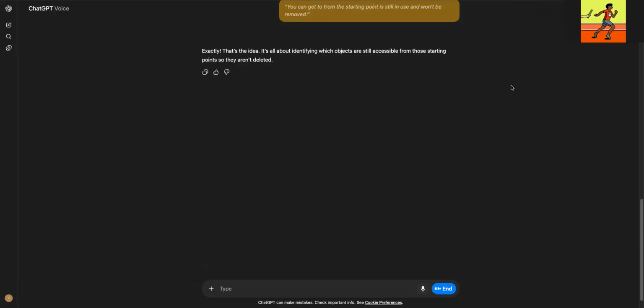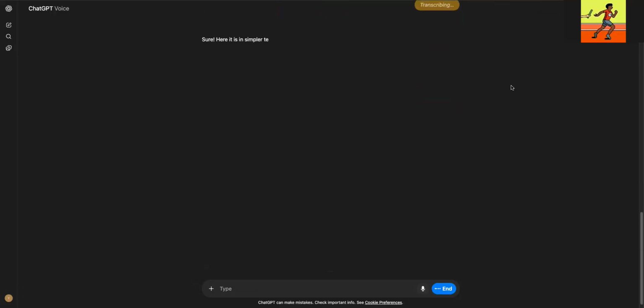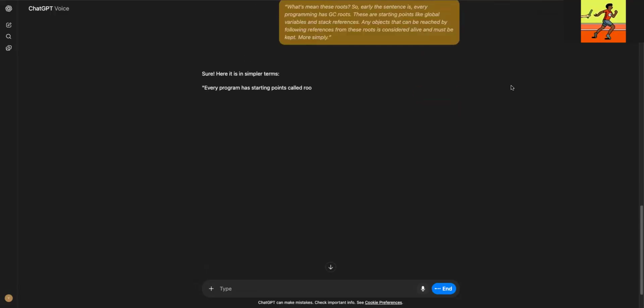Any object that can be reached by following references from these roots is considered alive and must be kept. More simply: every program has starting points called roots, like global variables and stack references. Any object you can reach from these starting points is considered still in use and won't be removed. Mm, that makes sense. Okay, next.